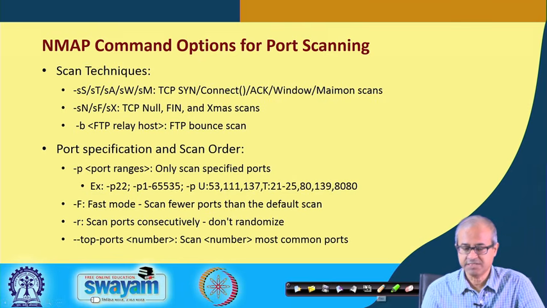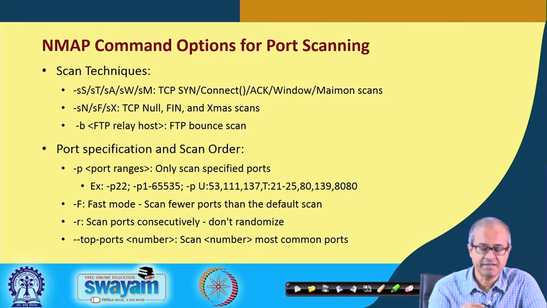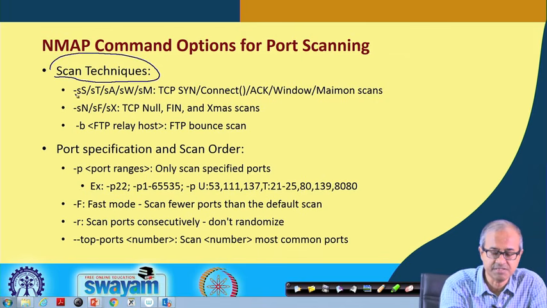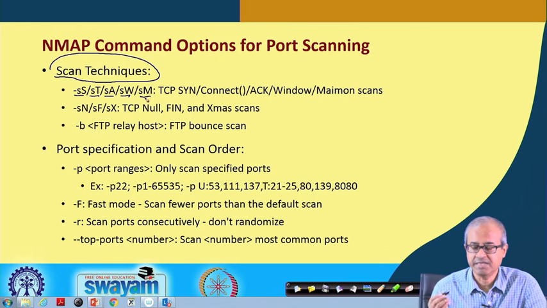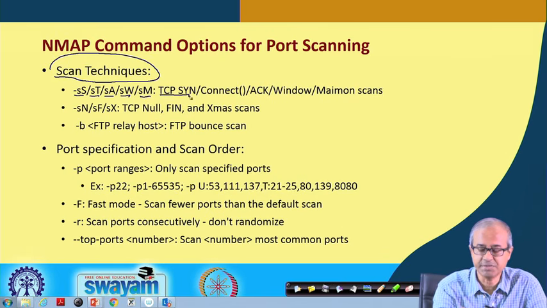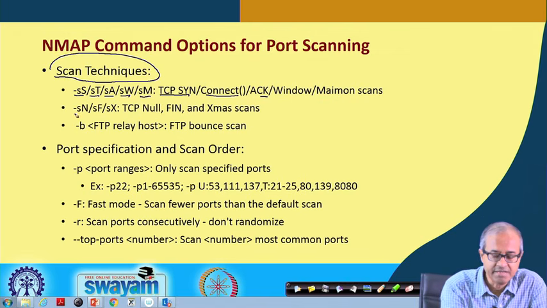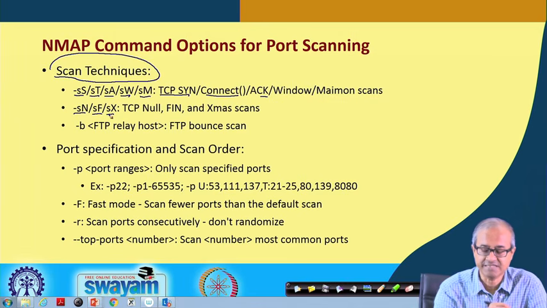So, to summarize, for port scanning, NMAP supports a number of different options, for instance, for scan techniques you can specify so many options: -sS, -sT, -sA, -sW, -sM. These are basically TCP SYN, connect, ACK, window and various other kinds of scanning options. All of those I have not mentioned at all. There are -sN, -sF, -sX.